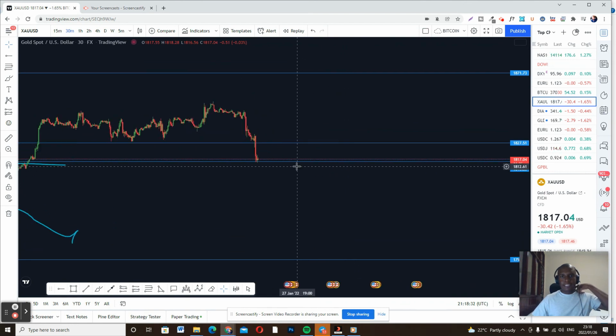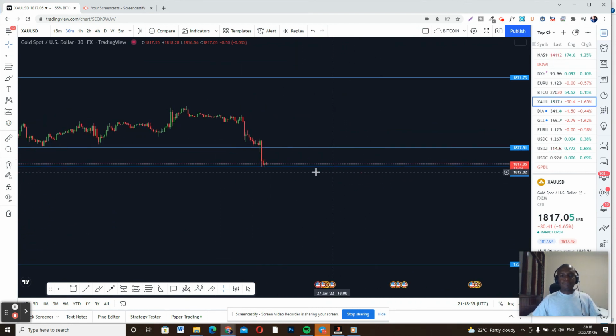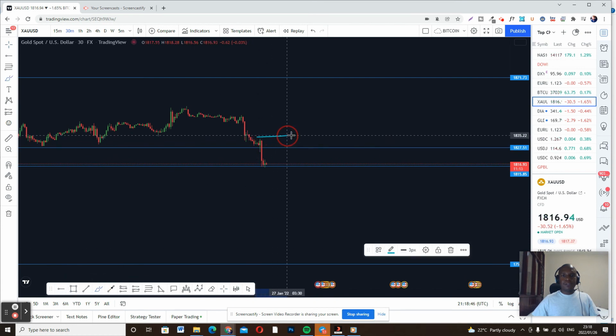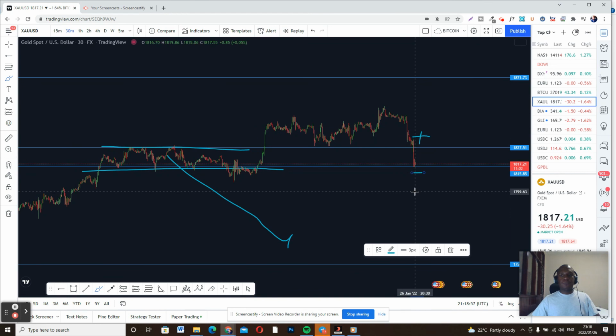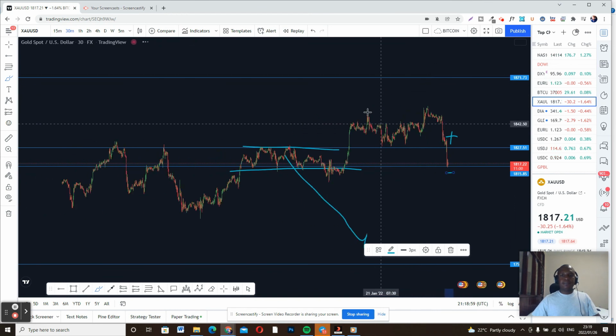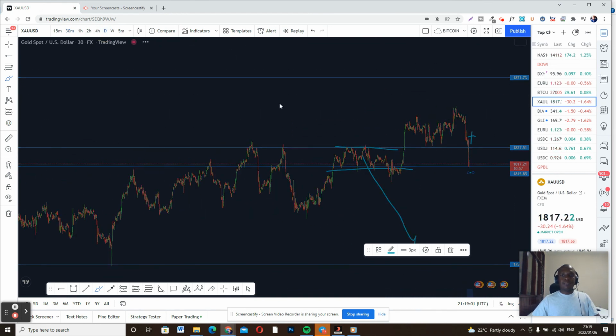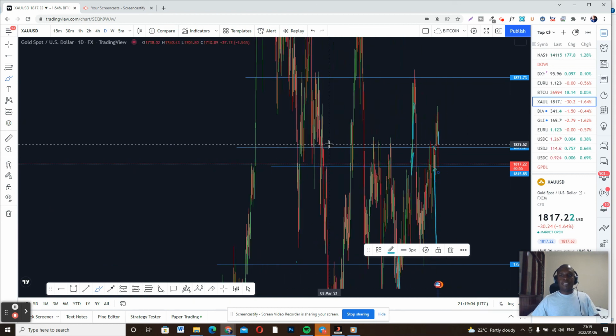So a retest, and we wait for a rejection here, and then for an experienced trader, this is where they will trade. Once the market crosses this to the upside, that's when you will open a trade and put your stop loss below the previous low, and then targeting, let's see, maybe on the high time frame, where you will be targeting.